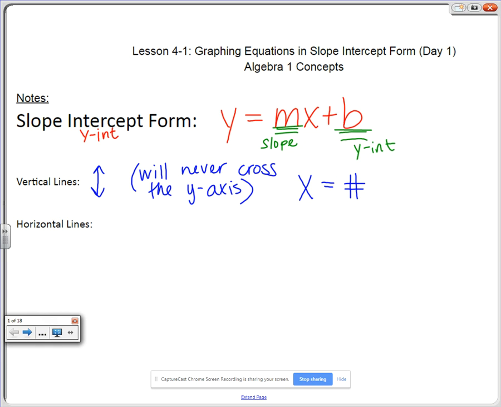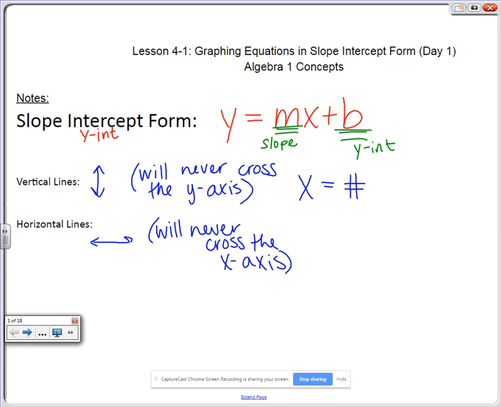Now, I'm sure you can probably guess that horizontal is going to be the complete opposite of this, correct? What does a horizontal line look like? So this one will never cross the x-axis. Okay.